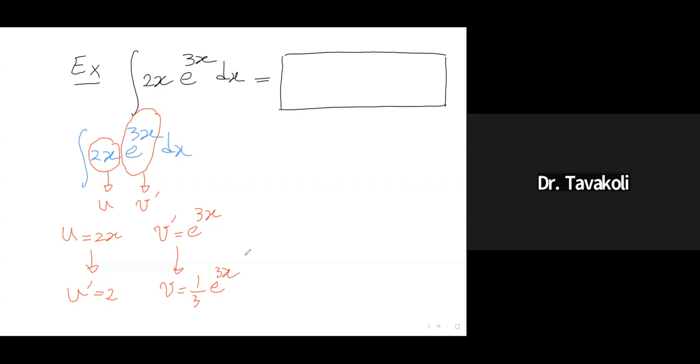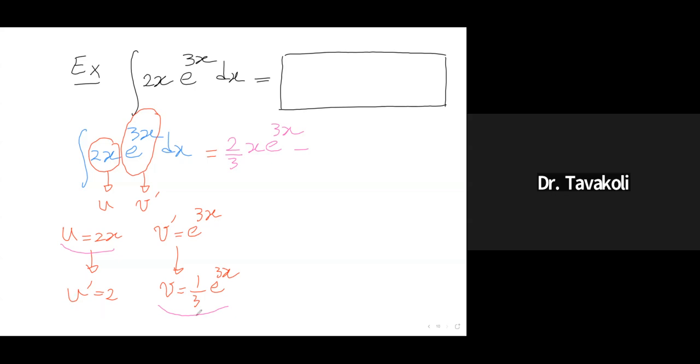Now this makes our integral much simpler. So this is going to be uv. What is u? u is 2x and v is 1/3 e to the power of 3x. So 2x times 1/3 e to the power of 3x is 2/3 x times e to the power of 3x. Minus what? Minus the integral of u prime v. u prime is 2, right?